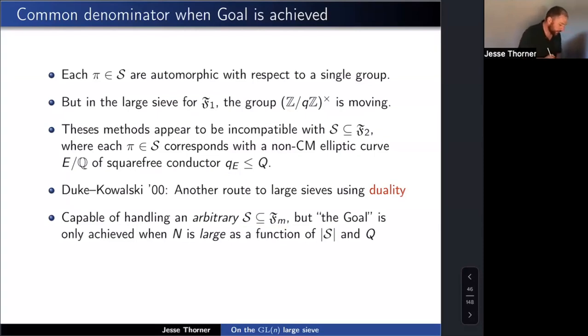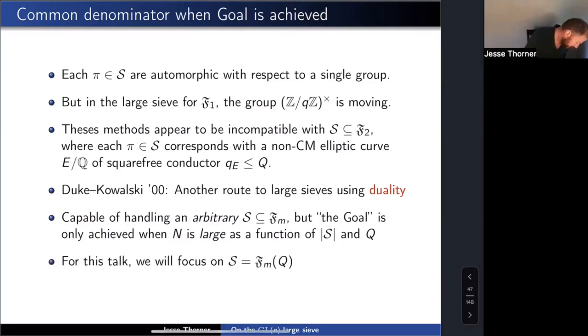But here, we won't be able to achieve the goal unless the length of the large sieve is large as a function of the size of the family and the largest analytic conductor. So for this talk, I'm going to focus on S being the universal truncated family. If you can handle this family, then you can handle almost any other.